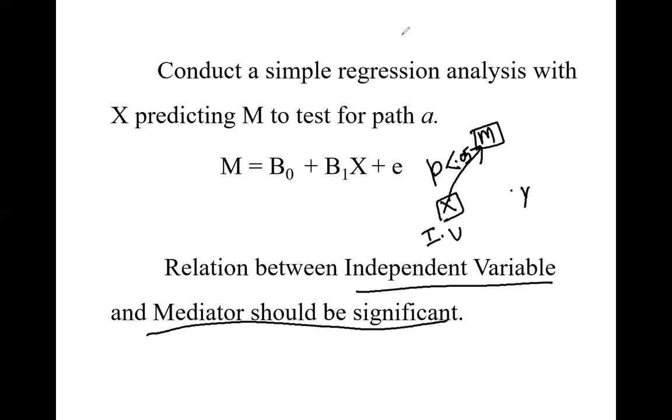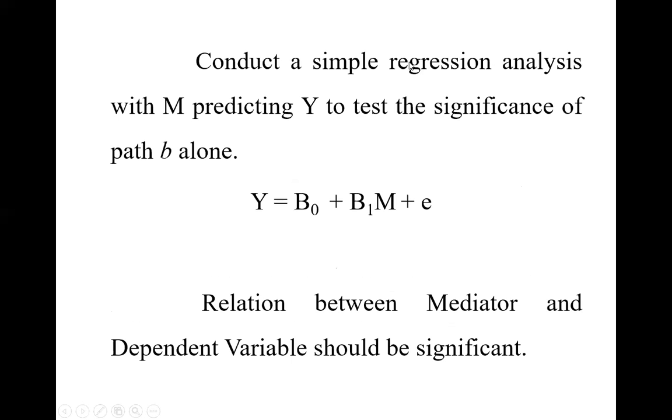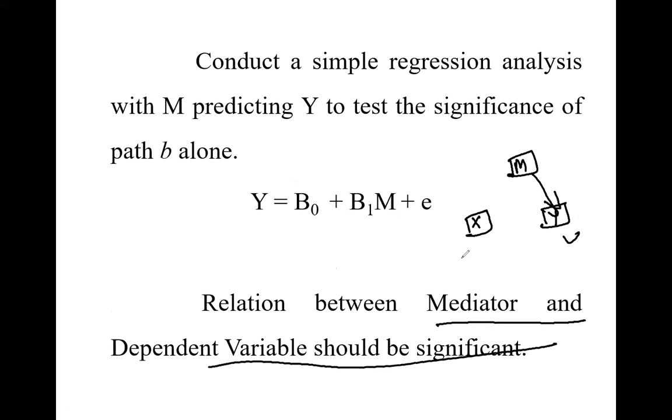And in the third step, the relationship between the mediator variable and the outcome variable should be significant. The relationship between the mediator and the dependent variable should be significant, which means the p value should be less than 0.05.